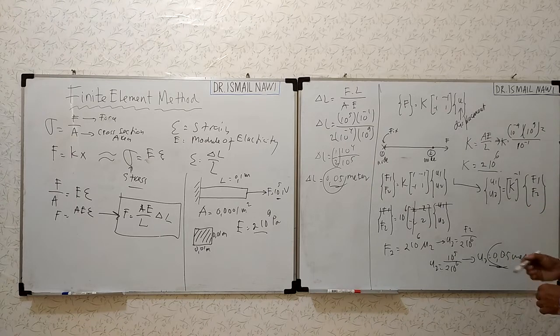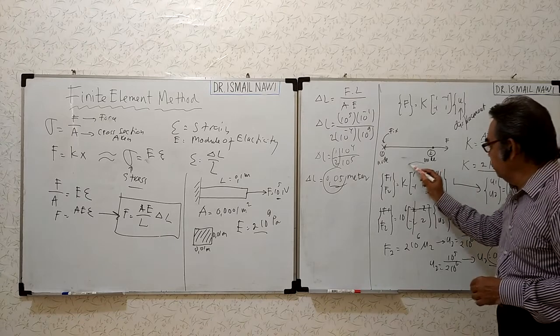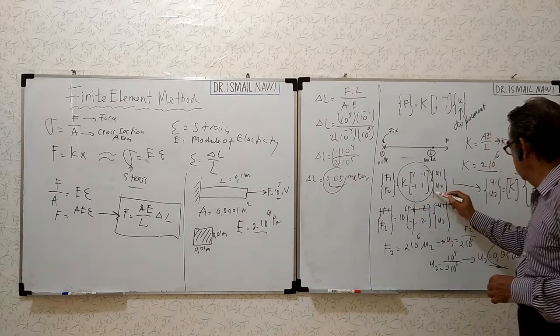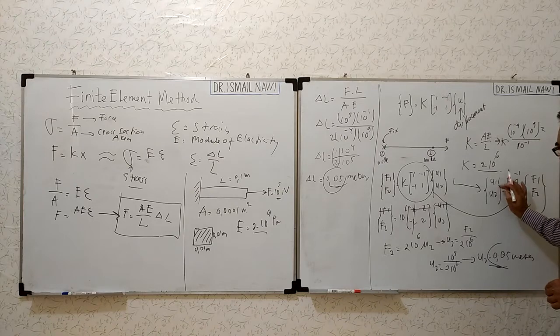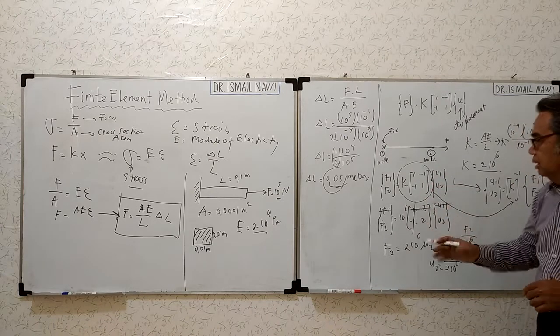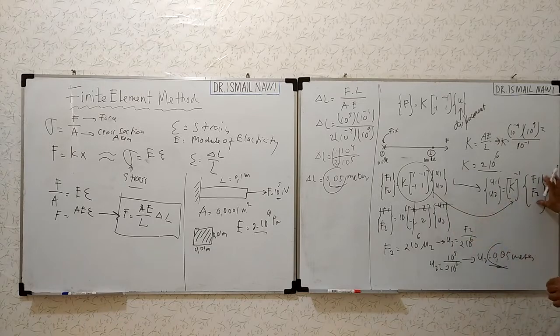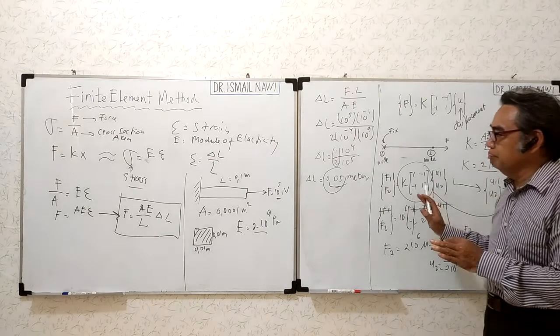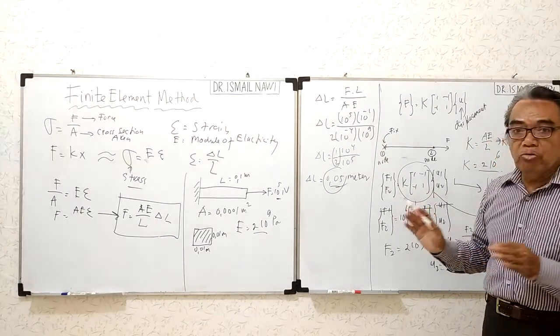With the inverse of this, we can find the displacement of u1 and u2, but the matrix must be invertible. Matrix inverse multiplied by the force, then you can find the displacement. Very simple. Okay?